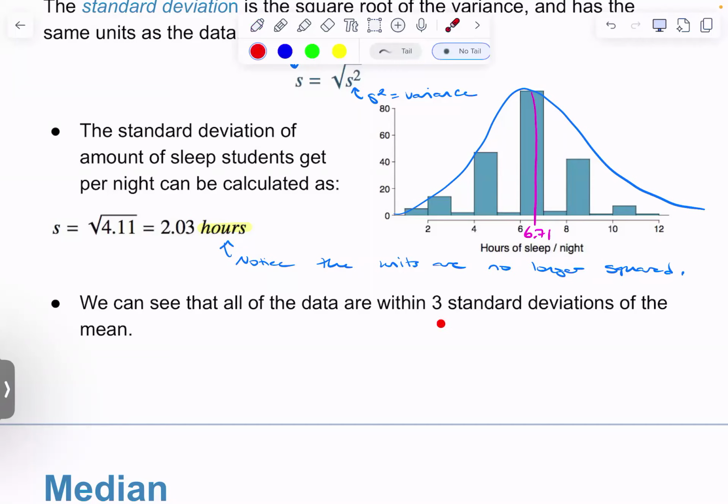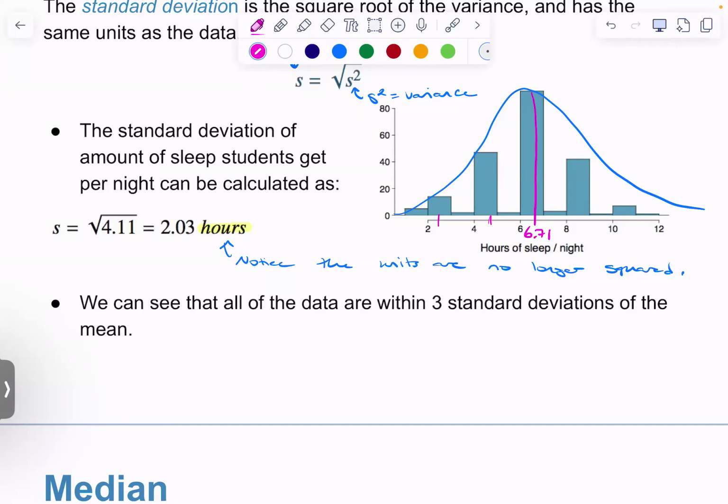But here's a little bit of foreshadowing. All the data tend to be within 3 standard deviations of the mean. So we can try that. Let's say roughly 6.71 minus 2 puts me somewhere here. Minus another 2, somewhere here.